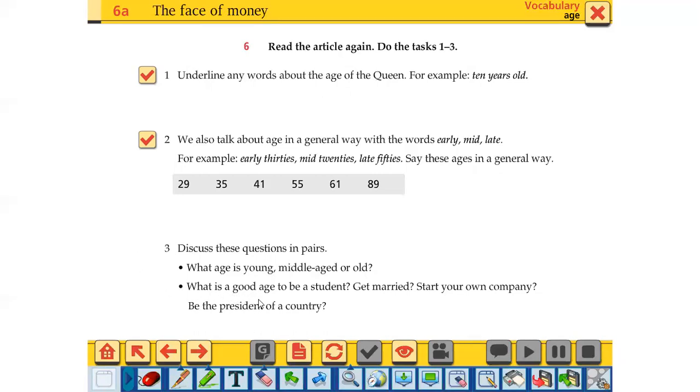What's a good age to be a student? Get married, start your own company, be the president of a country.